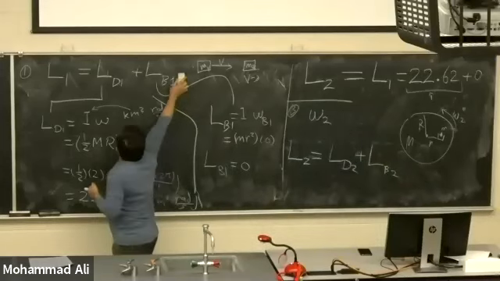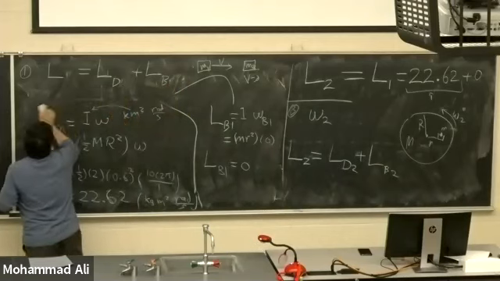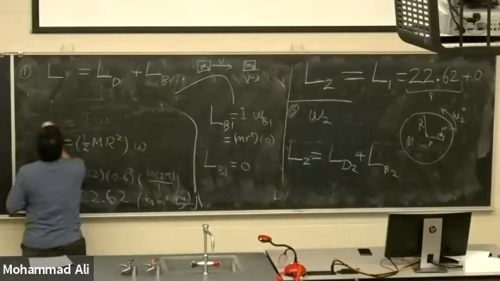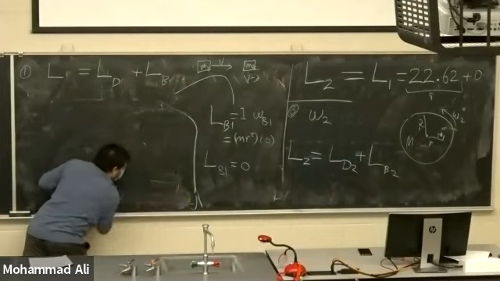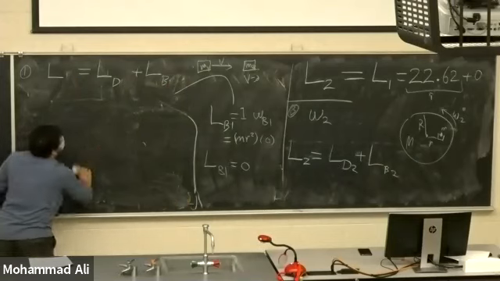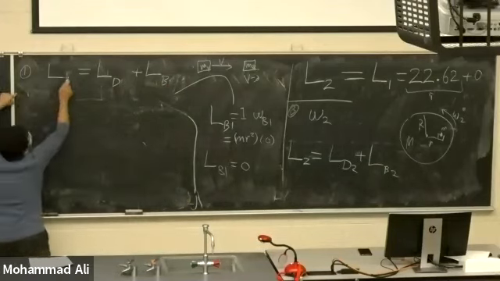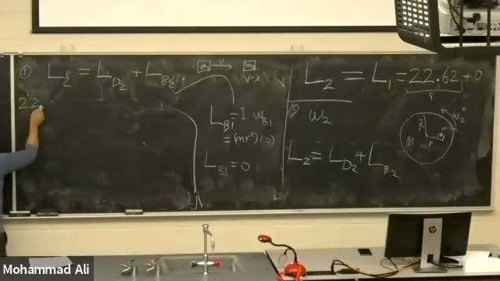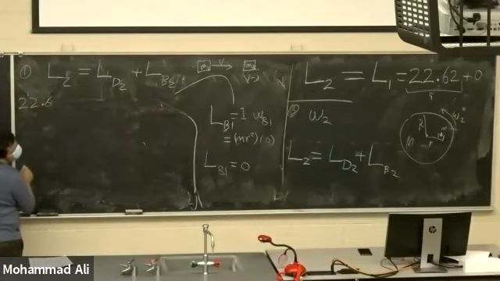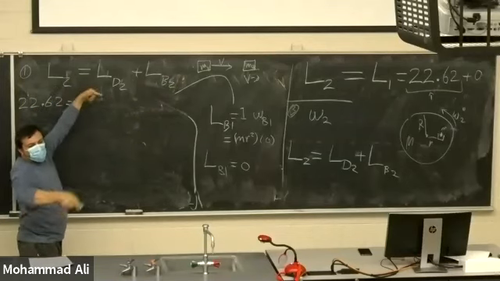Now, we know everything. This L later, L2, is equal to 22.62, okay, is equal to L for the disk.